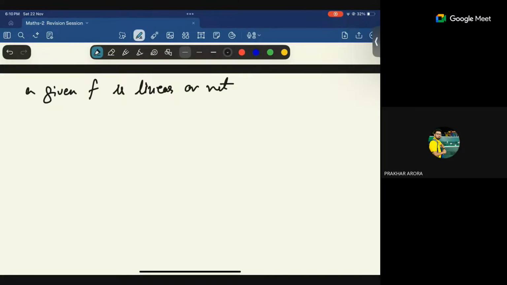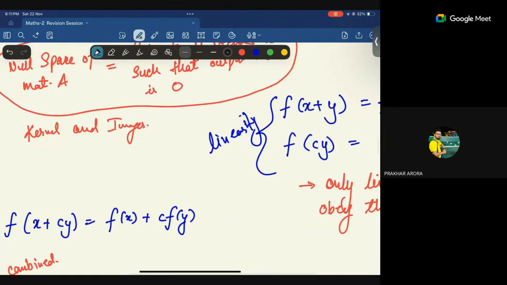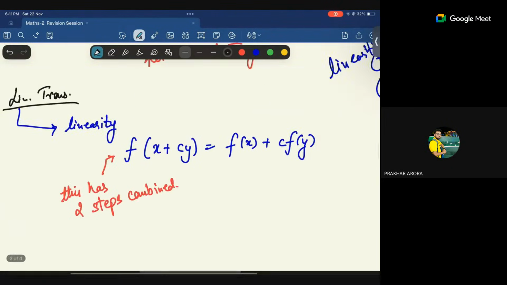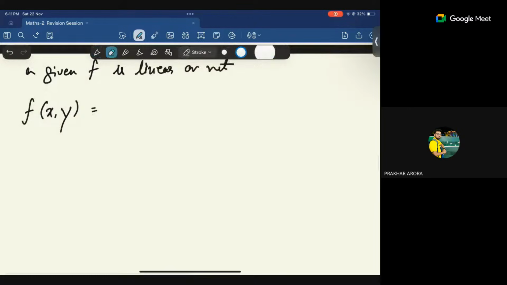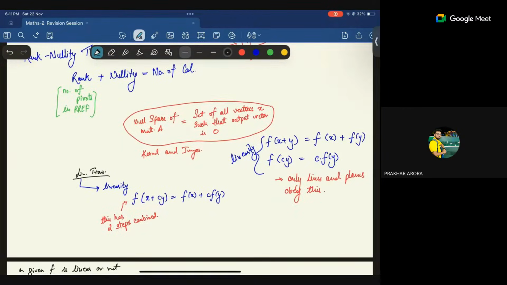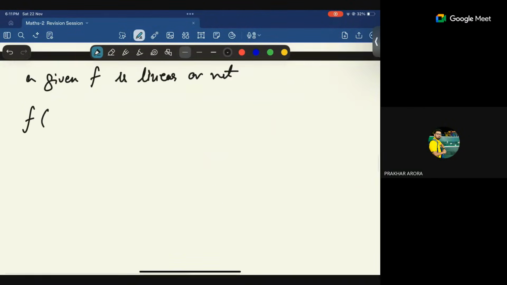You will be given f of x, y equals something. I'm sorry, I forgot the question here. x plus y. When we come to the questions, I will talk about that.